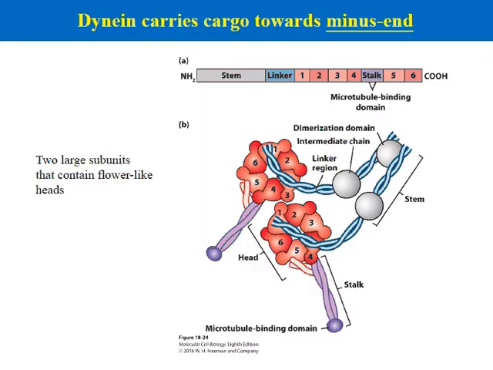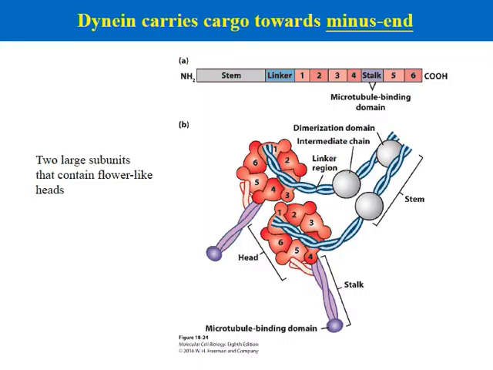It has six ATP binding domains, 1 to 6. And then in between there is a stalk region. So the whole protein folds into something like a flower structure. The flower consists of all those six ATP binding domains, and then you have a stalk that binds to the microtubule.